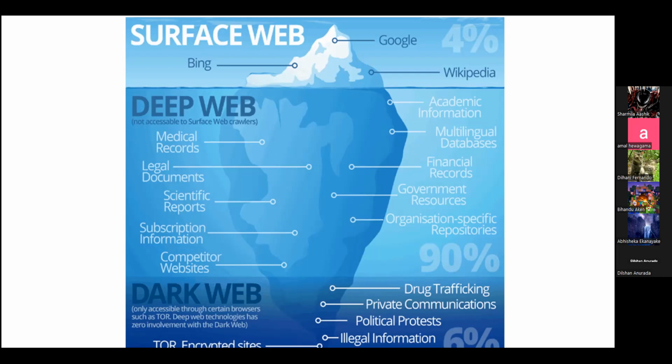Technically, these can be accessed by anyone, but to gain access to those systems, you need authentication. So most of the internet is in the deep web. And there are web crawlers that are used by search engines in order to index the internet.